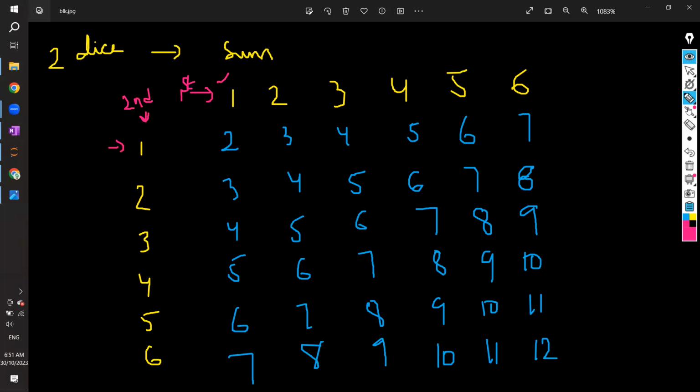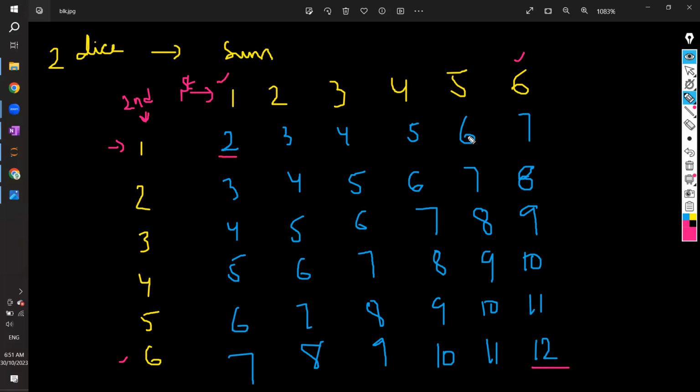Two, like that. Okay. So now, what is the maximum value you can expect when we are rolling two dice? 12, right? On one dice you can get 6, and on the other dice you can get 6. So the maximum value is 12, fine. And the least value is 2, fine. So no matter what you do, you cannot get a value less than 2 or greater than 12, fine.